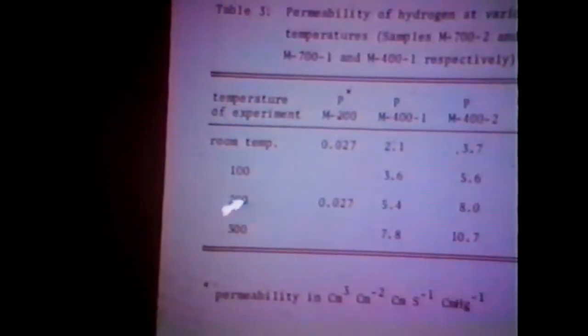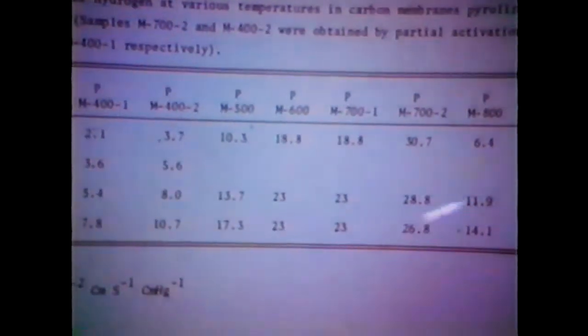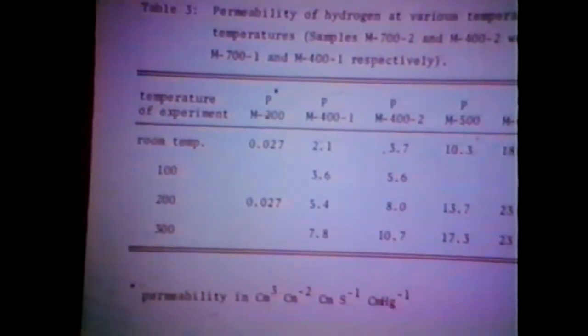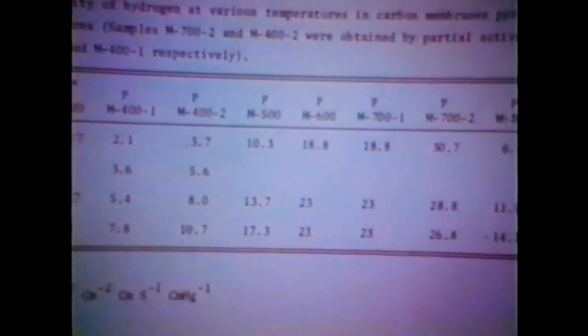And the same behavior happens at 200 degrees and at 300 degrees. And as a matter of fact, we can go higher, up to 800 degrees centigrade or 900 degrees centigrade, because it's carbon.